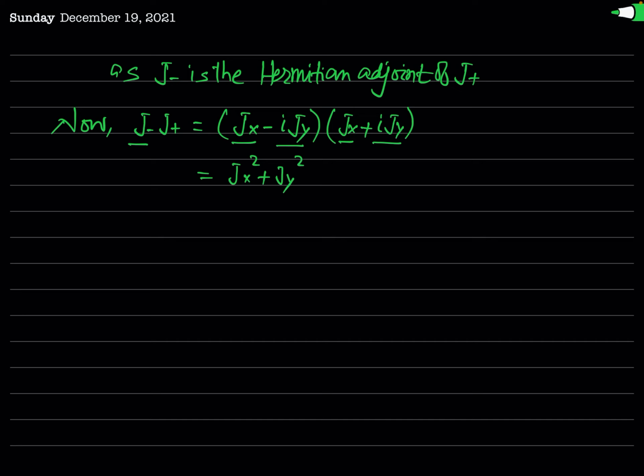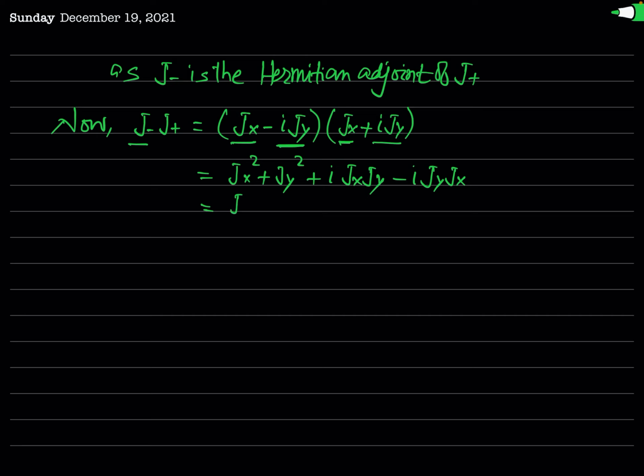Now take the product of Jx with i Jy, so this is plus i Jx Jy. And then the product of minus i Jy with Jx, so this is minus i Jy Jx.